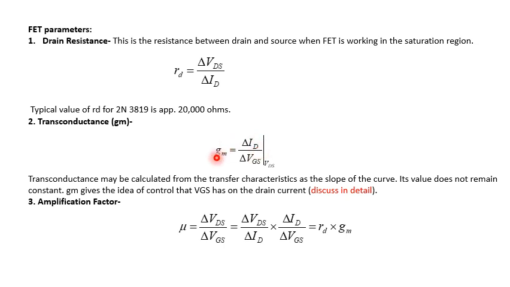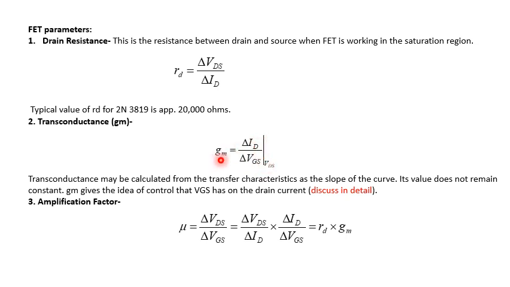It means that when GM is very high, the denominator is less and the numerator is more. A slight variation in VGS will make a large variation in ID. In such FETs, the input voltage is very effective in controlling the drain current.